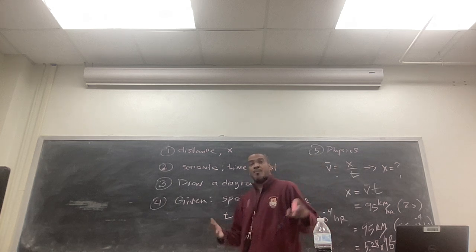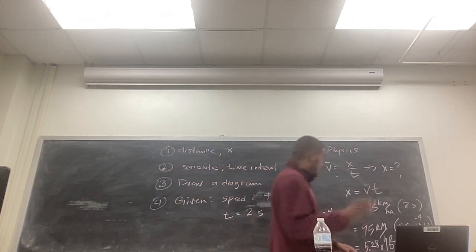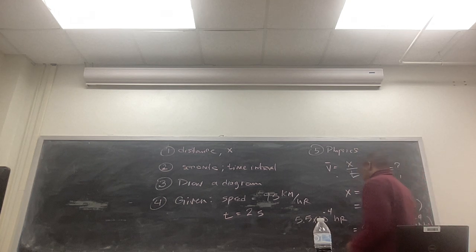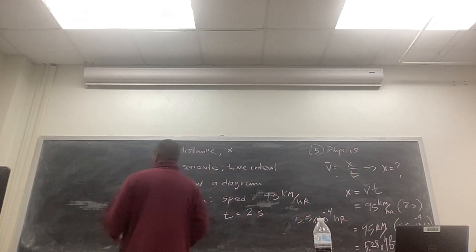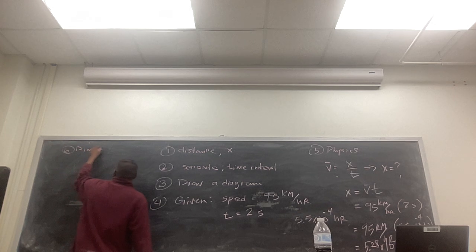So that's our problem solving strategy. Well, let's do one more thing. Let's take it all the way. And the last step, step 6, is dimensional analysis, I think. Right?